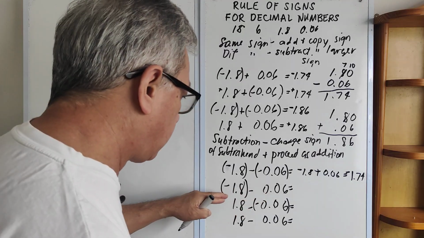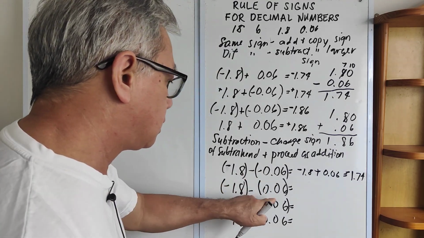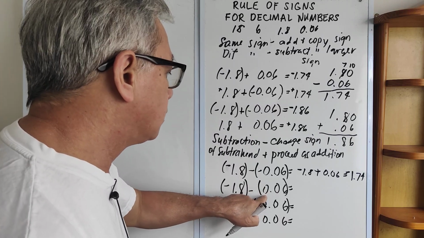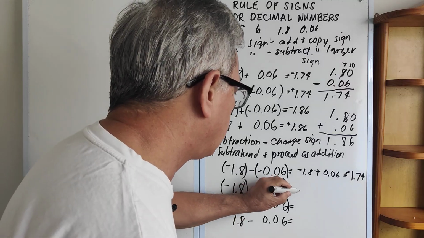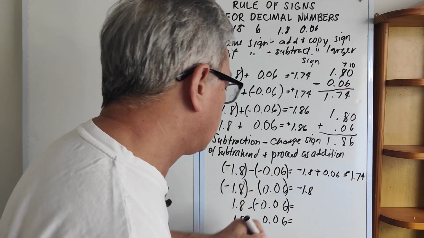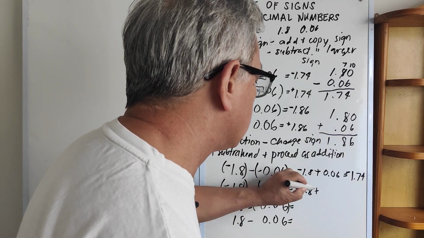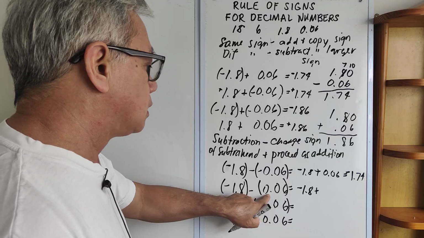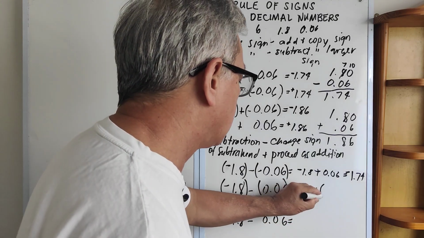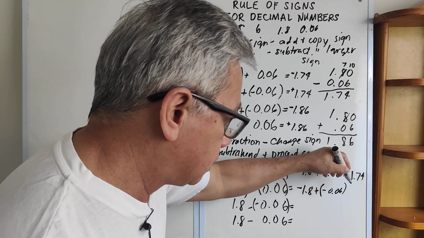Again, this one we rewrite. So this is positive 0.06. This becomes negative 0.06, but we proceed as addition. So we rewrite this one, negative 1.8. So instead of subtraction, it becomes addition, but we have to change the sign. So this becomes negative 0.06.